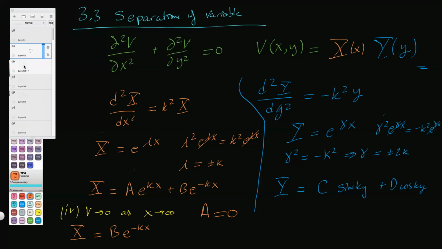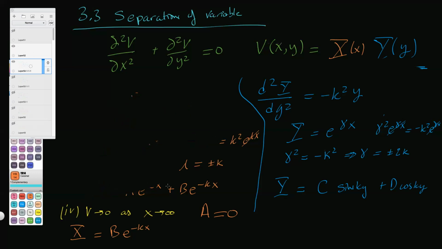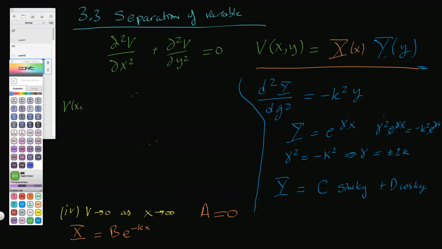So V of X and Y is now e to the minus kx times C sine of ky plus D cosine of ky.